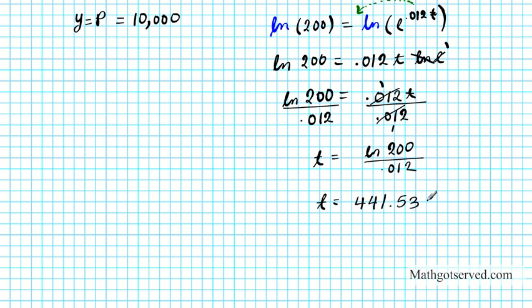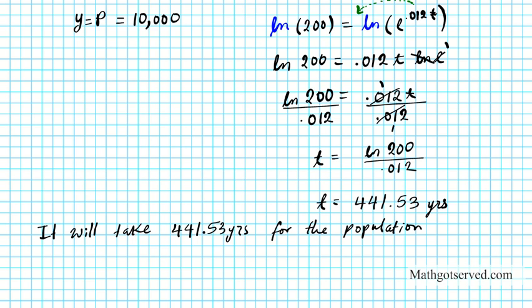So what on earth does this mean? It means that it will take 441.53 years, to two decimal places, for the population of Namekians to grow from the original amount.